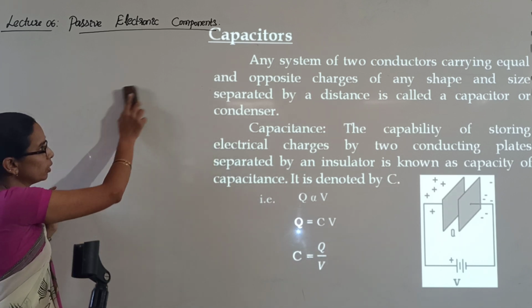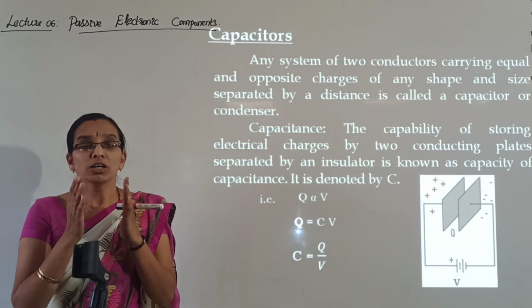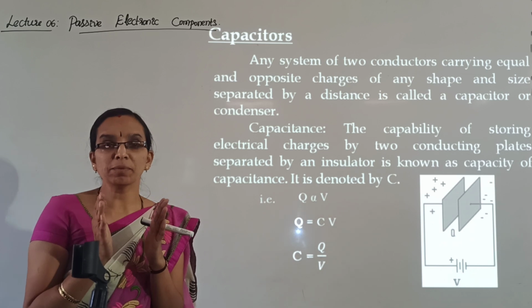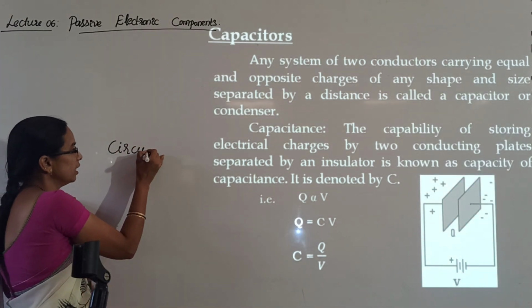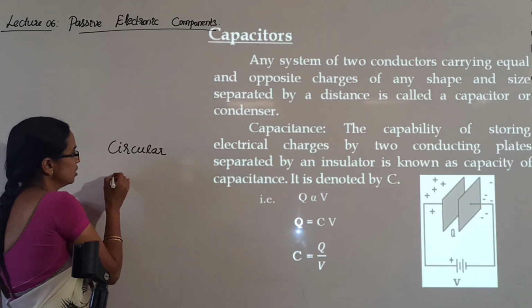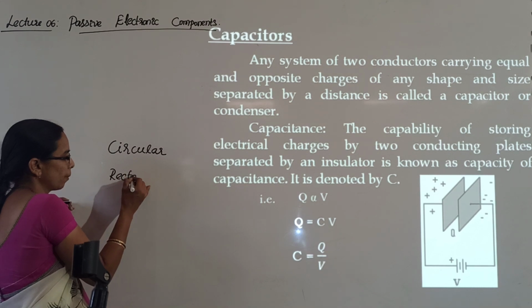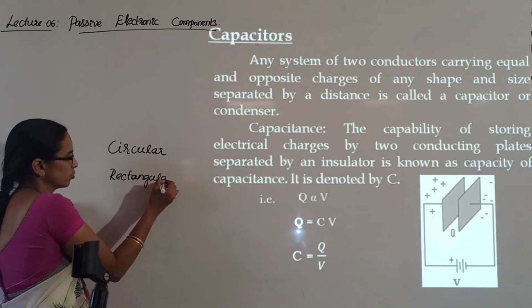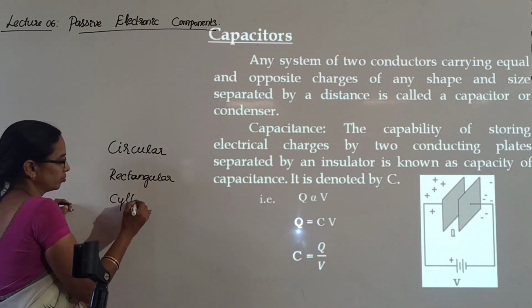So how a capacitor is manufactured, in the sense there will be two conducting plates. Conducting plates may be of many shapes, circular or rectangular, cylindrical.